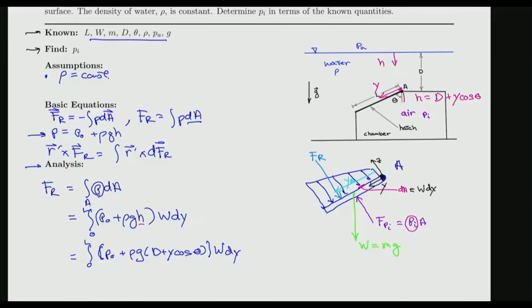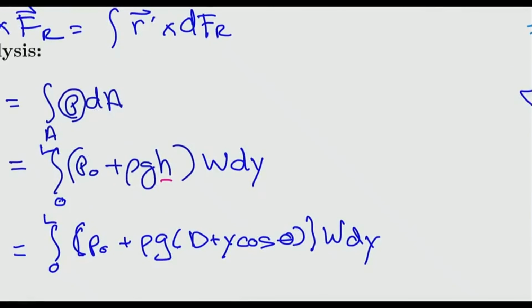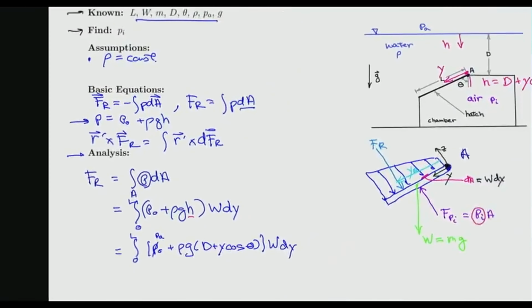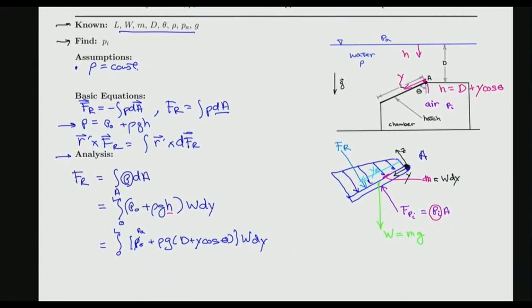And so now, let me make that bracket. Okay, and then this guy here, this is P_A, just a given constant. So now it's very straightforward to integrate with respect to y, right?